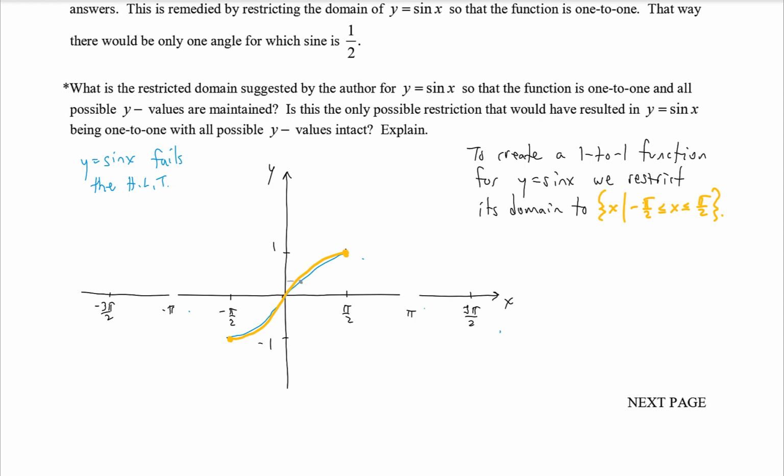Now again, there's nothing wrong with the inverse of sine not being a function. There might be a time when you're working with data where you actually don't want it to be a function. You want all the possibilities that come with inverse sine. That might be a thing that you want at some point. However, our goal here is if we want to take the sine function and make it one-to-one so that its inverse will be a function, this is how we would do so.